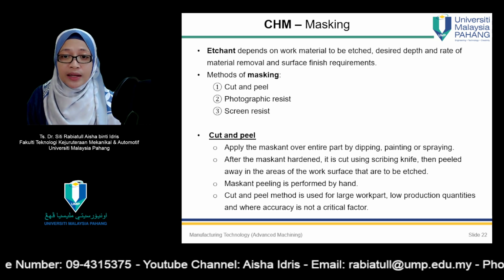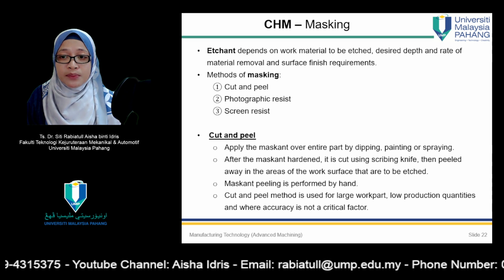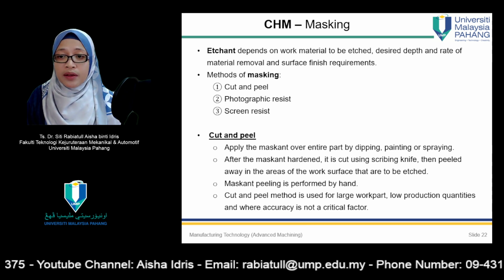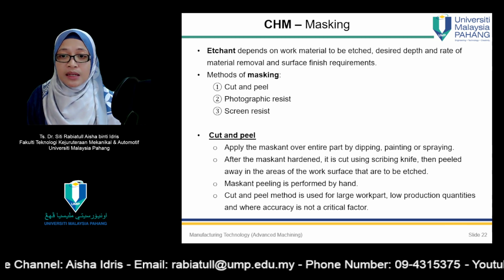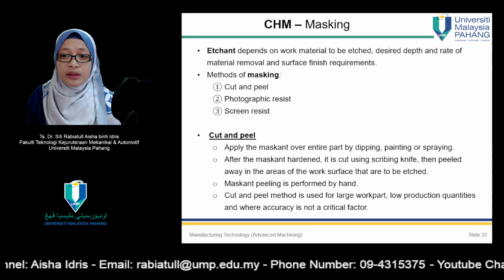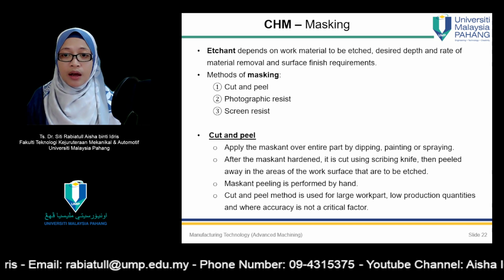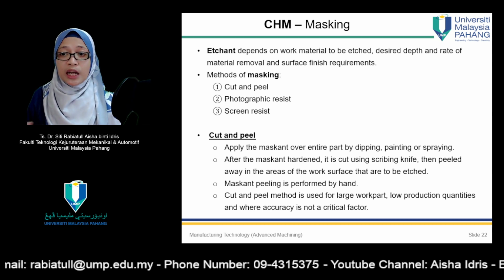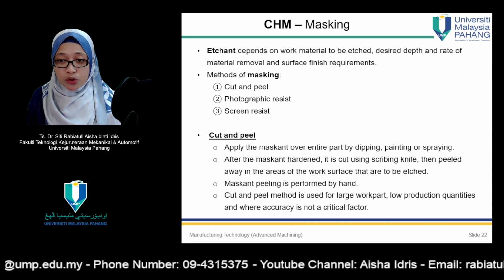As the name suggests, the photographic resist method uses photographic techniques to perform the masking step. The masking materials contain photosensitive chemicals. They are applied to the work surface and exposed to light through a negative image of the desired areas to be etched.